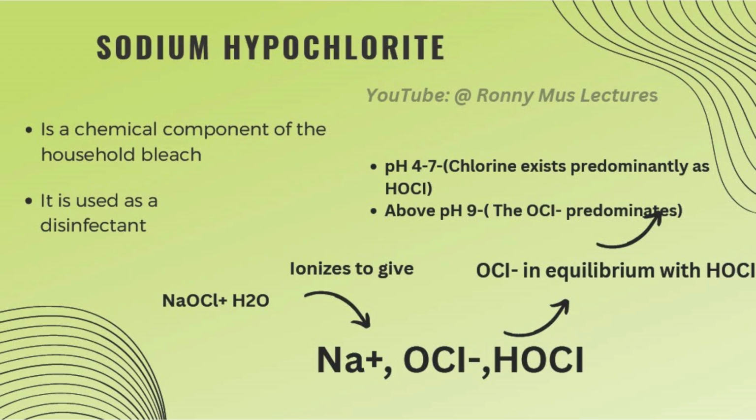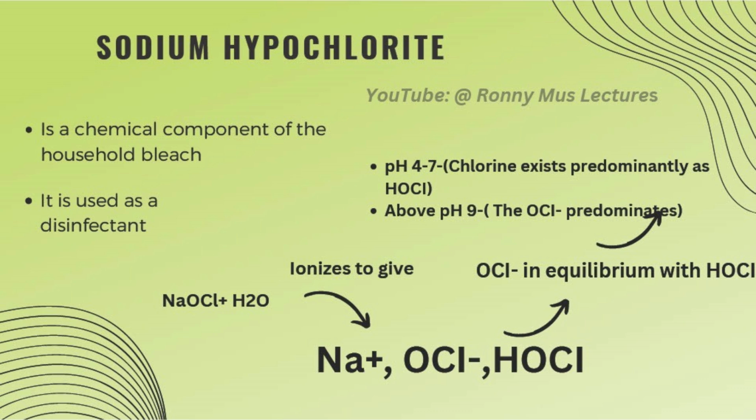Then we look at sodium hypochlorite. It is a chemical component of the household bleach. It is used as a disinfectant. So when this sodium hypochlorite comes into contact with water, it ionizes to give sodium, hypochlorite ion, and hypochlorous acid.